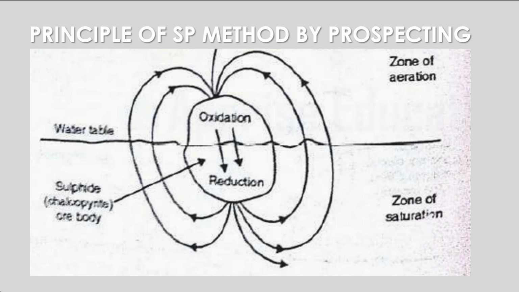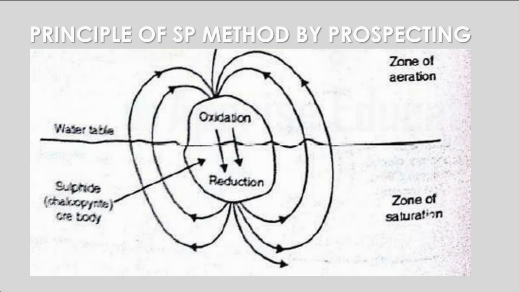Several sulfide ores like pyrite, pyrrhotite, chalcopyrite, molybdenite, and others show spontaneous polarization. Anthracite and graphite are known to give strong SP effects. The conditions that lead to the development of self-potential are shown in the next slides with reference to a sulfide ore body.